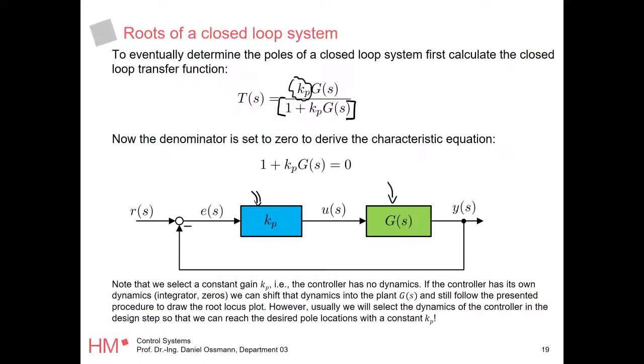Okay, I will show you a quick trick for how to compute this, because you should realize that this is a rational function, right? G of s is a polynomial over a polynomial, so this is not that easy to solve.